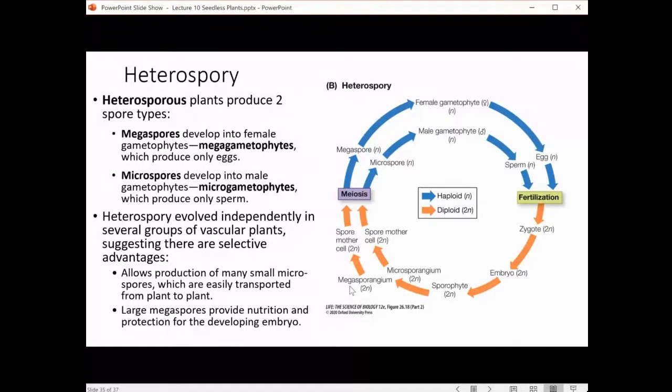So if you think about the megaspore as being similar to an ovary that produces an egg, it's that kind of a thing. Does that help at all? And you have to tell me if it doesn't, because we'll try and attack it from a different direction.